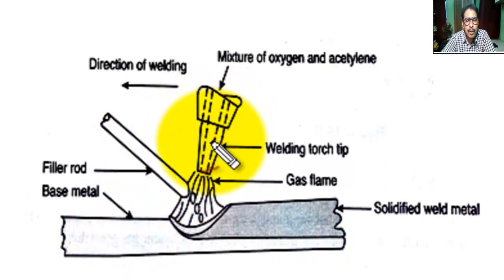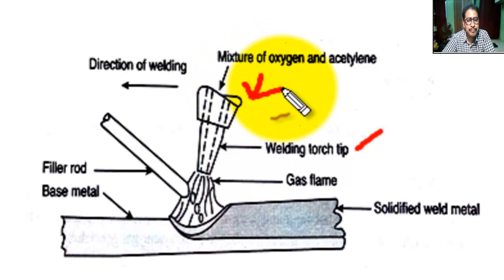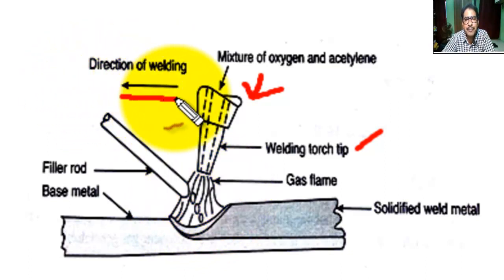This is the welding torch tip. The mixture of oxygen and acetylene flows through the welding torch in this direction. This is the gas flame. The direction of welding is in this direction.